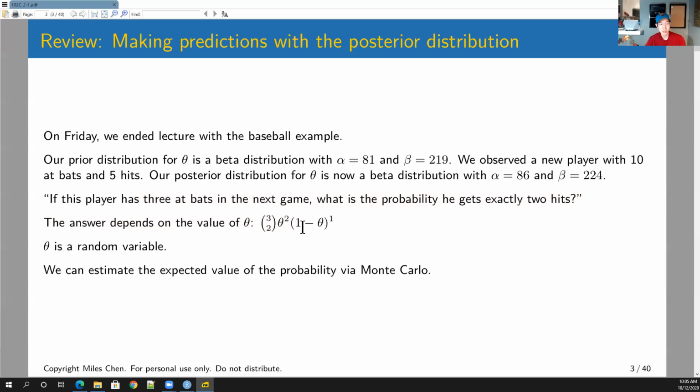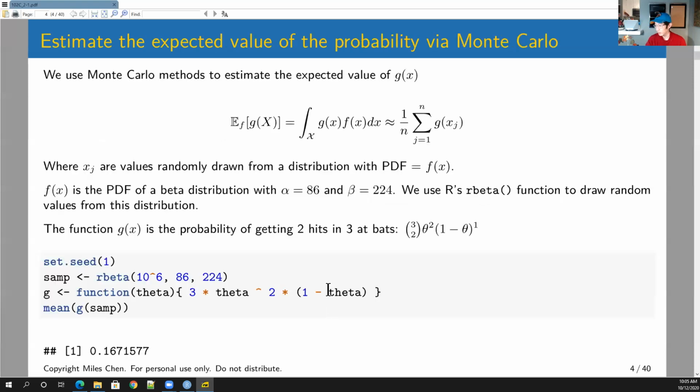We said one is you can just pick a single value, such as the mean of theta or the mode of theta, or you can take the integral of this. But in this class, we said we're going to avoid the integral and use Monte Carlo estimation.